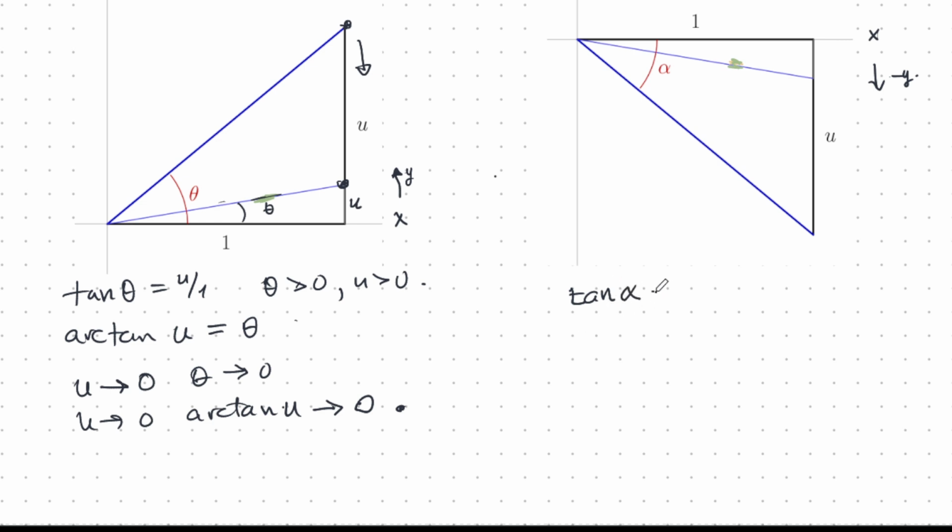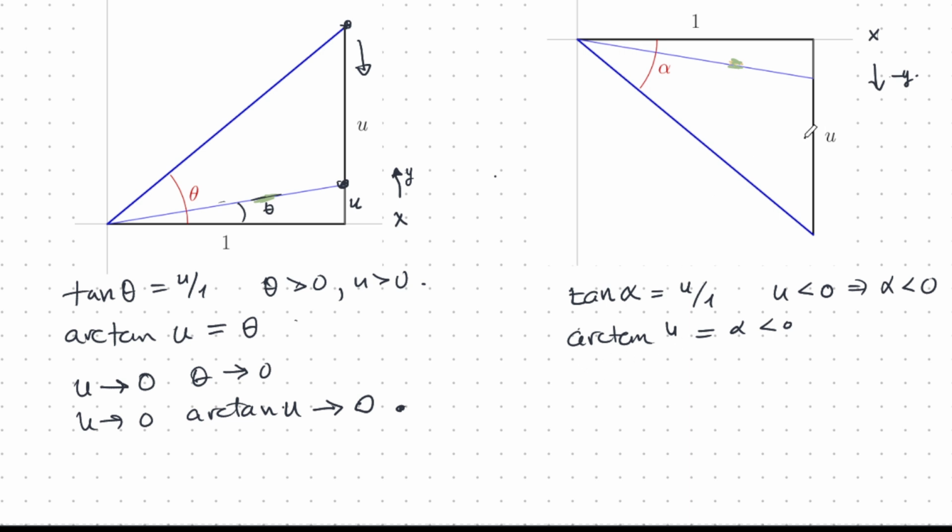That's equal to u over 1 again, but now u is less than 0. So arctan u is equal to alpha, and alpha is less than 0 because tan is less than 0. This means alpha is less than 0. I think that's how the convention goes.